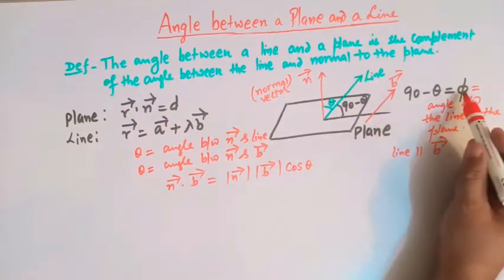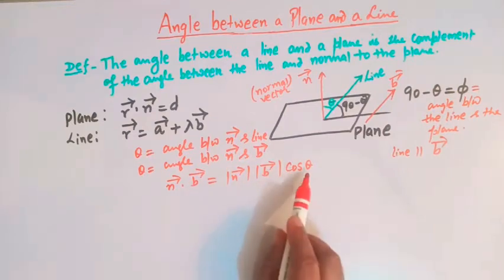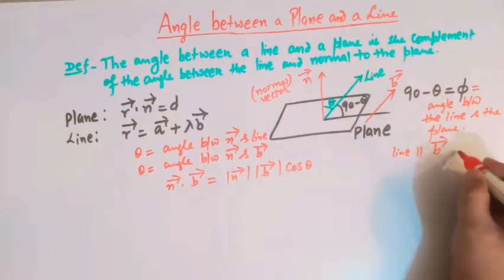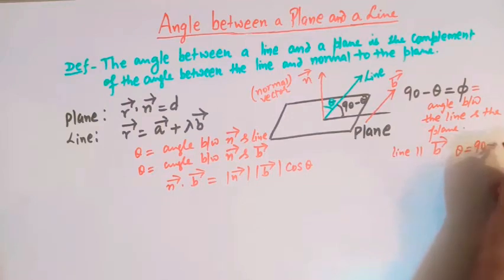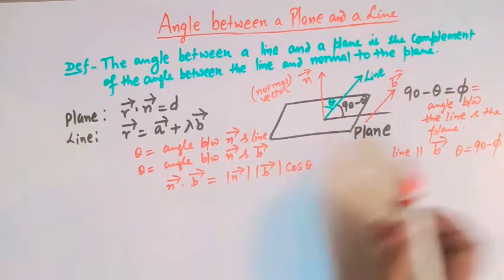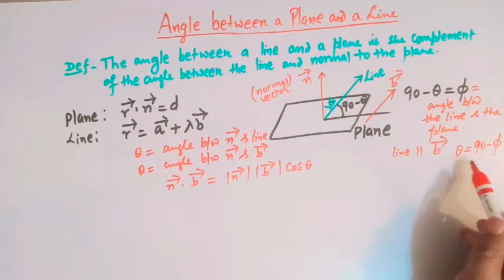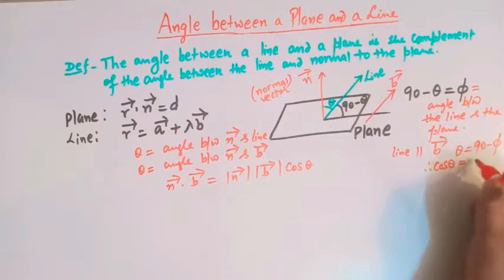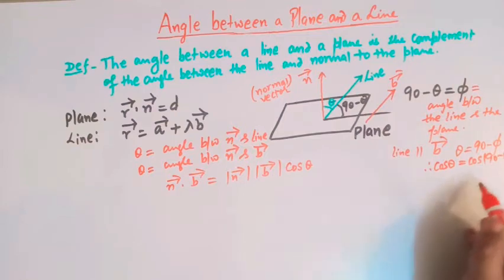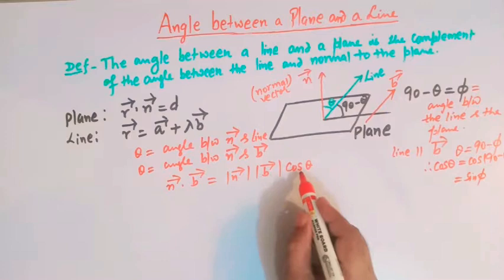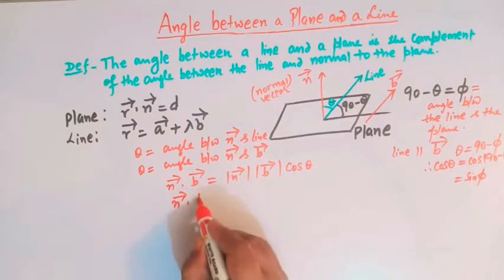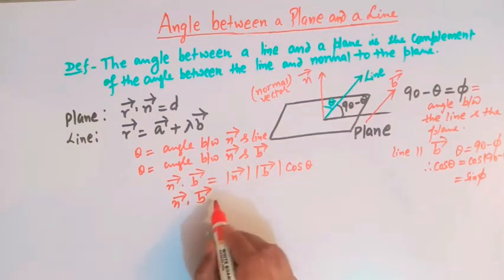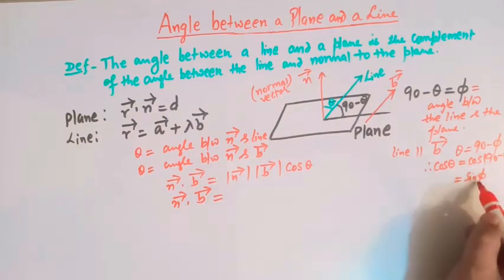Now we know that theta is equal to 90 minus phi. Therefore cos theta is equal to cos of 90 minus phi, and this is equal to sine phi. So we can substitute the value of cos theta as sine phi.